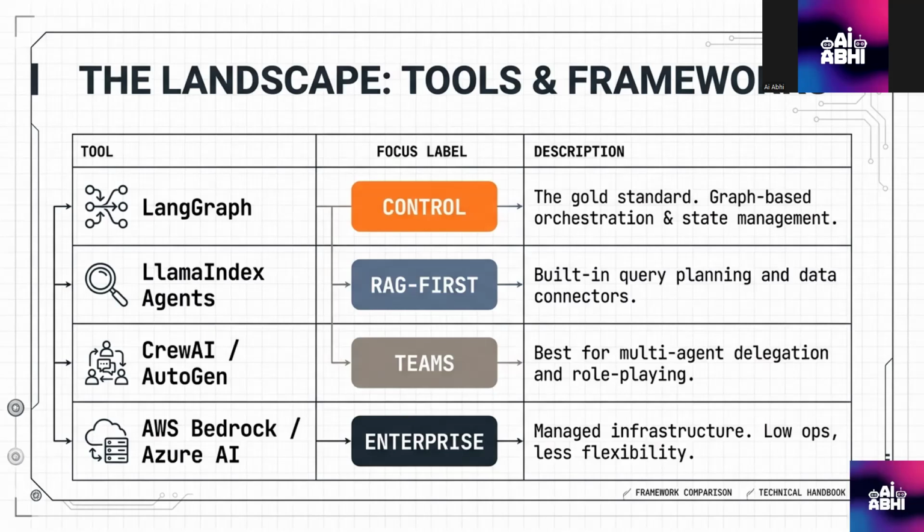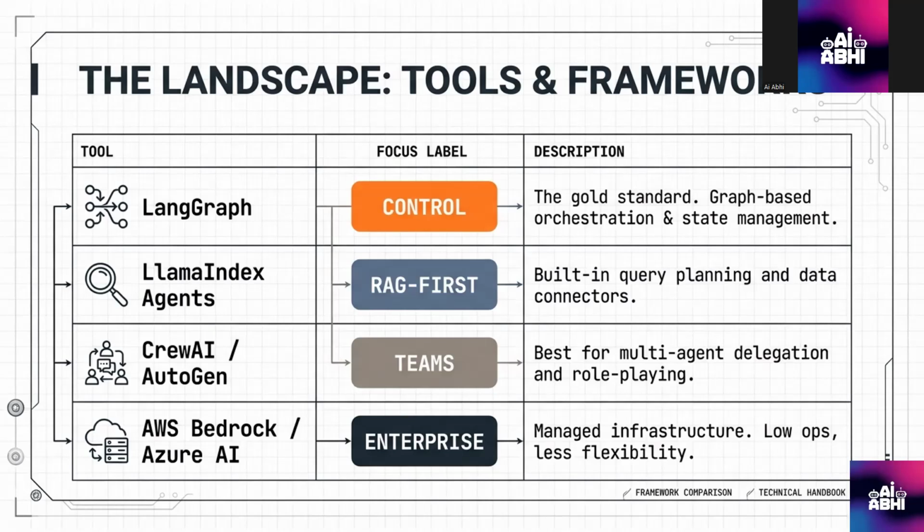AutoGen is a little bit more powerful, but more complex also. And if you are in an enterprise that runs on AWS or Azure, their managed agent service handles a lot of infrastructure for you. There's less flexibility, but way less ops work also.